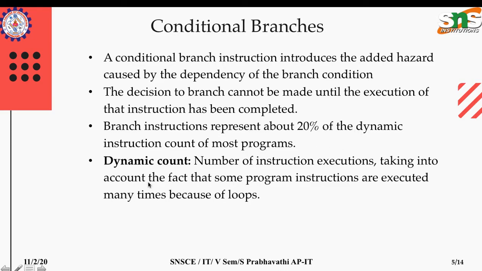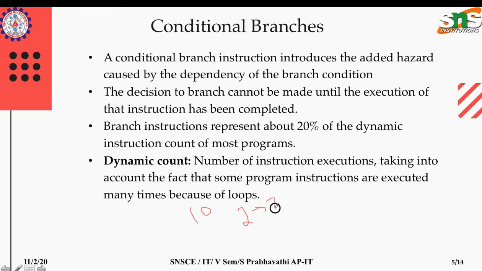What that dynamic instruction count is, is nothing but the number of instruction executions taking into account the loop instructions. So suppose our program is of 10 lines, and inside the 10 lines we have two statements as a loop, and these two statements happen to execute two times, is it not?